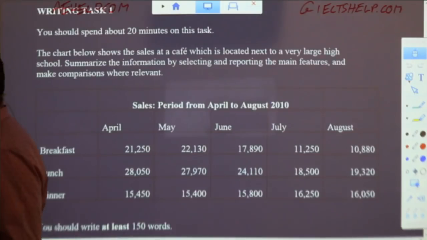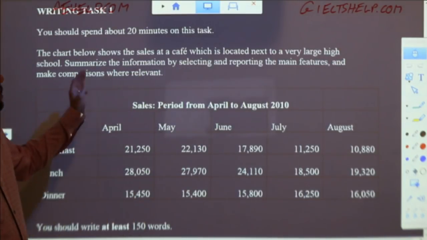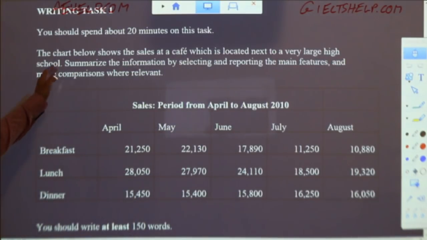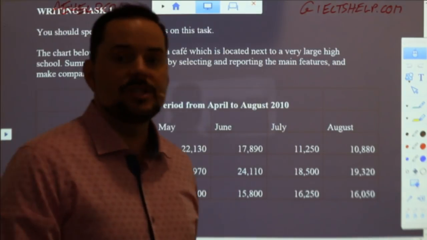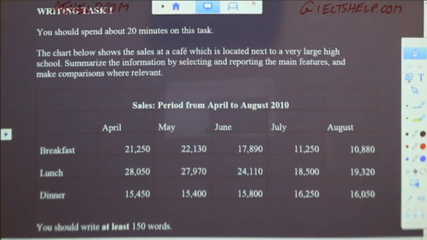Of course, definitely make sure that you do pay attention to the question. It says it's a cafe which is located next to a very large high school. Okay, so we're going to summarize this information. All right, before we start writing, what's our next step? What is our next step before we start writing our overview?